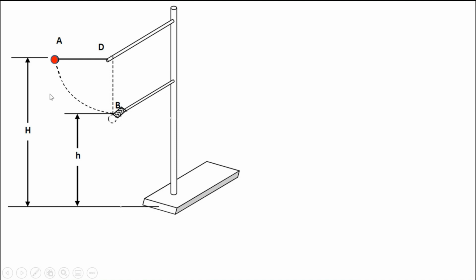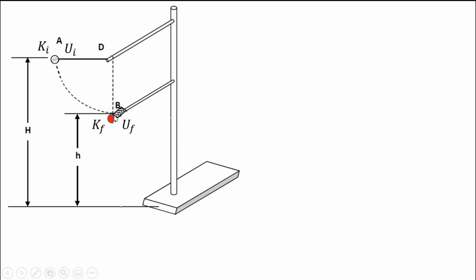So first, let's focus on the ball at point A. We have the initial kinetic energy, since it is hung at a certain height, and also the potential energy. And as it goes to point B, it will be cut off. Therefore, we have the final kinetic energy and the potential energy at the final point.